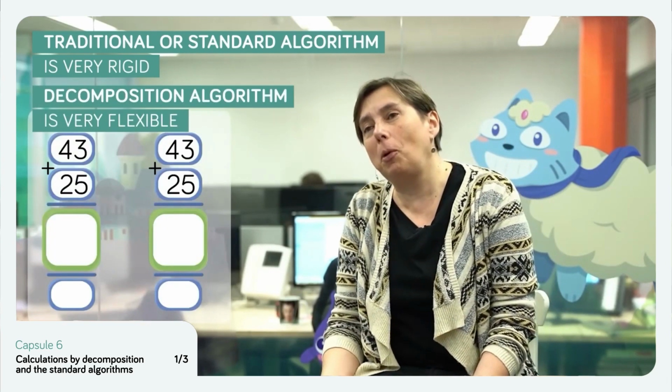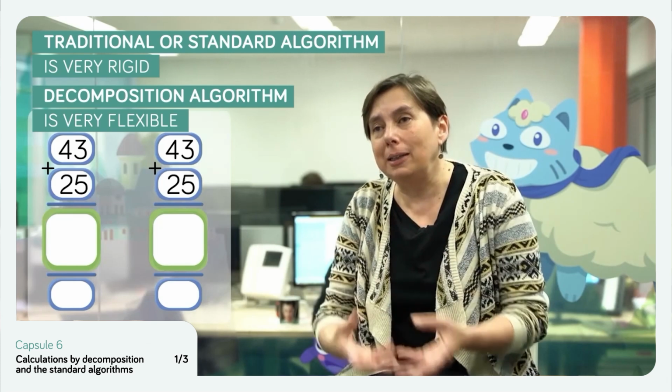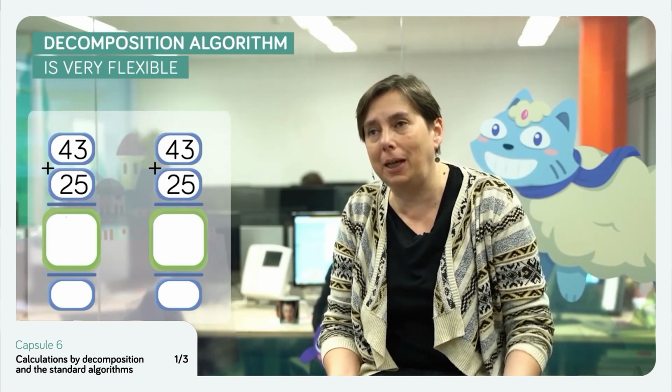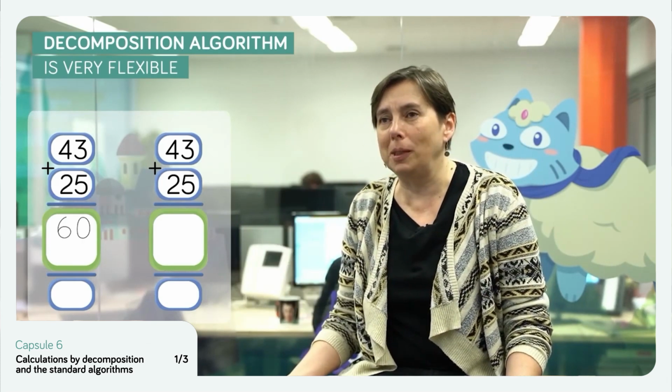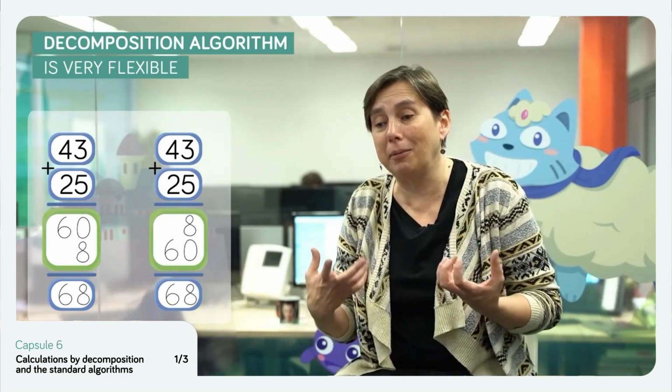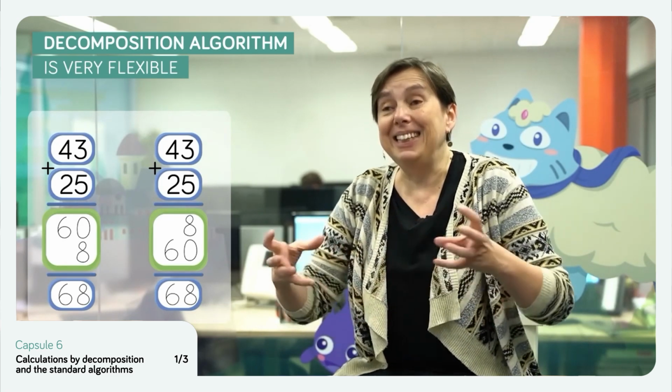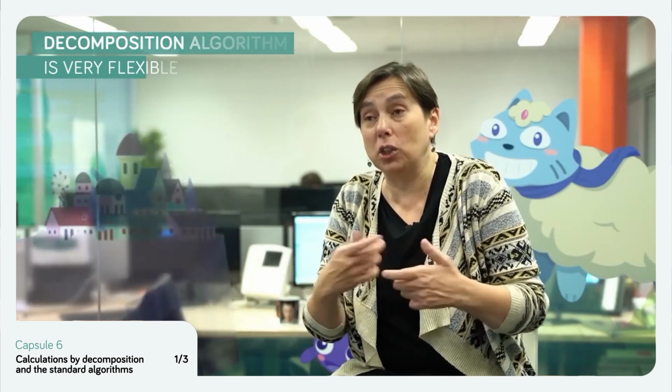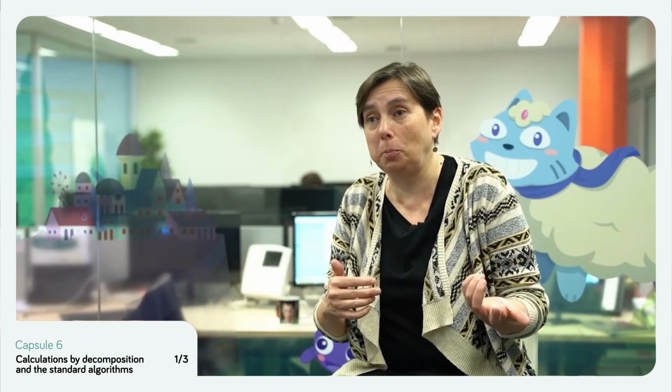When I work with algorithms by decomposition with a sum, I can start with the tens or I can start with the units, because what I am doing, as always, is keeping the quantity, then I can make the readjustments before or after, right? Therefore, this freedom that decomposition algorithms give me is very good for us.